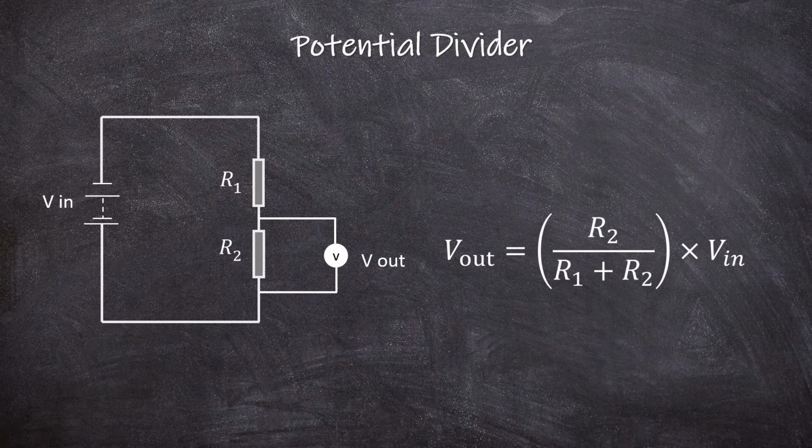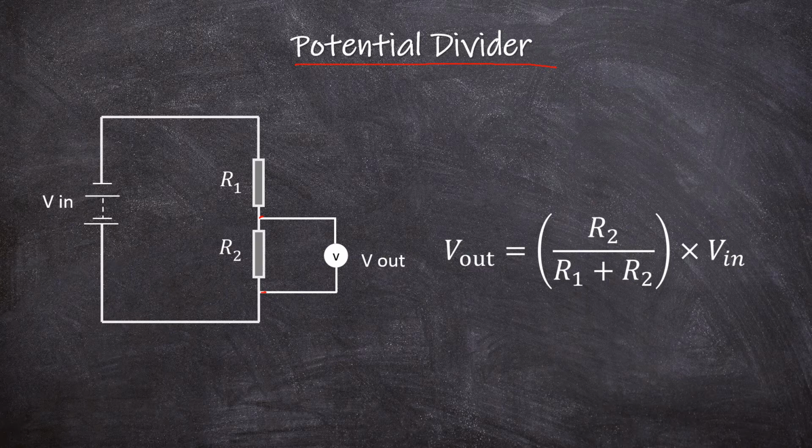Like I already told you, we use this potential divider in a series resistor, and we just put these two connections beside the resistor.